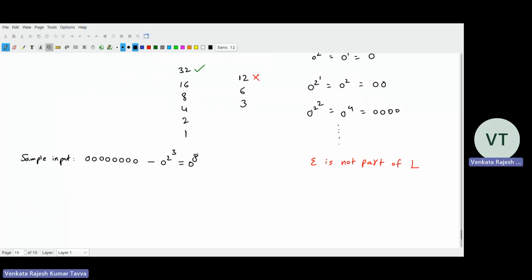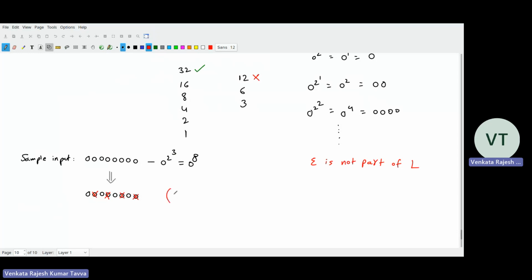So now what we do? We cross alternate zeros in this sequence. So I cross this, I cross this, I cross this, and this.